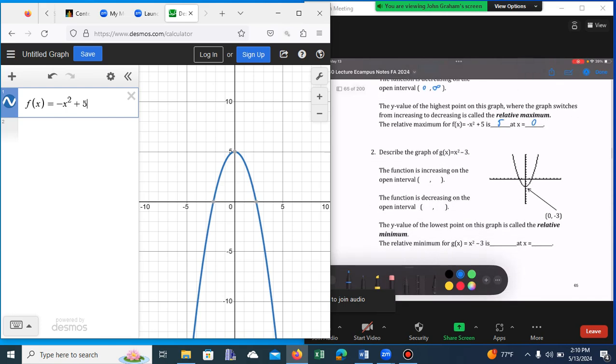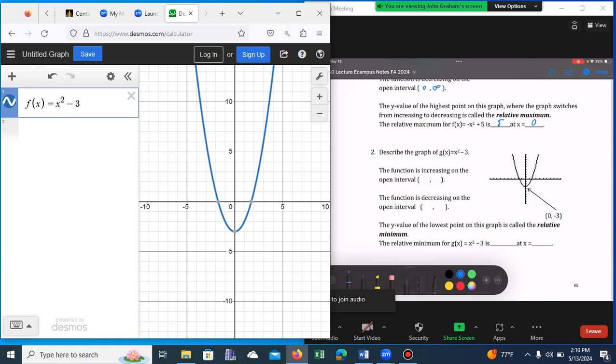If we look at x squared minus 3, we have an upside regular parabola this time. We see that bottom part is 0, negative 3. And so it's decreasing first. It's decreasing from negative infinity to 0. Then it's increasing from 0 to infinity.